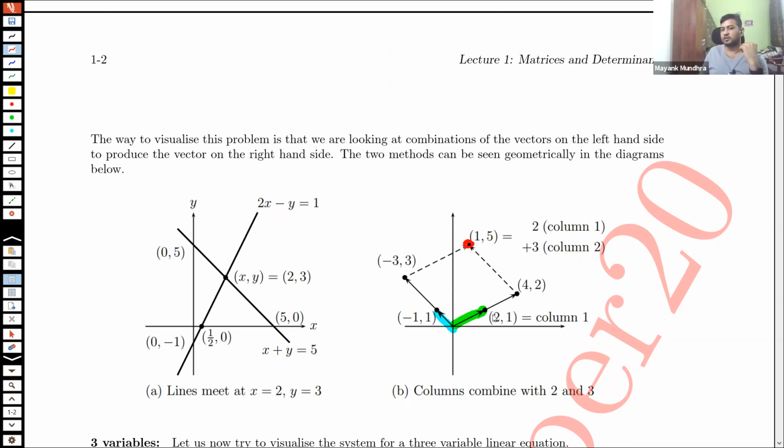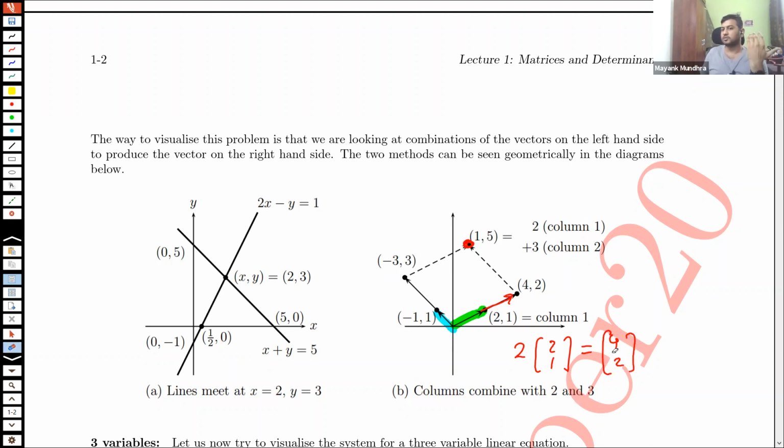So what should be the combination I use? When I say x times (2, 1), this x could be some multiple with which I multiply the vector. So when x is, let's say, 2, what I'm saying is extend this vector 2 times, so make twice of this vector. When it goes 2 times, it becomes (4, 2).